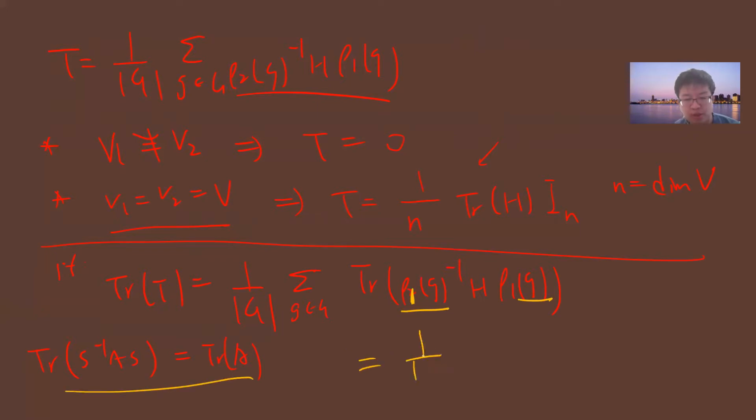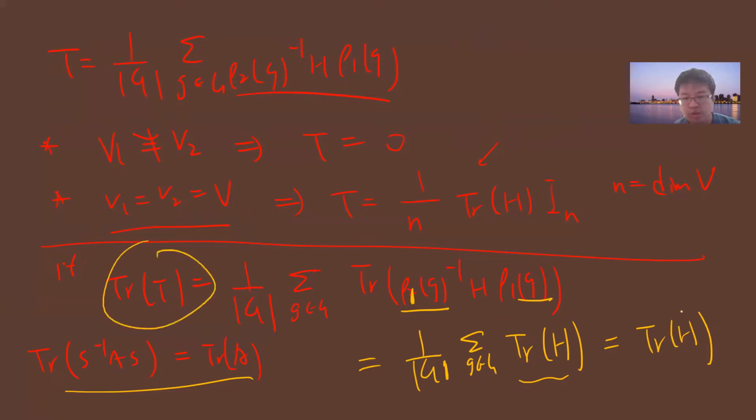So it becomes 1 over |G|, the sum over G in G, of the trace of H. So this trace is just a constant, so this is just trace of H. So trace of T will be trace of H, and T is lambda times identity by Schur's lemma.